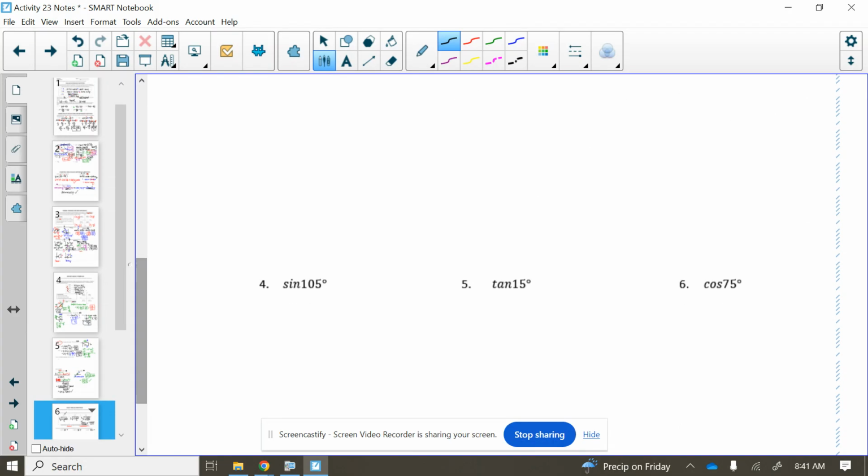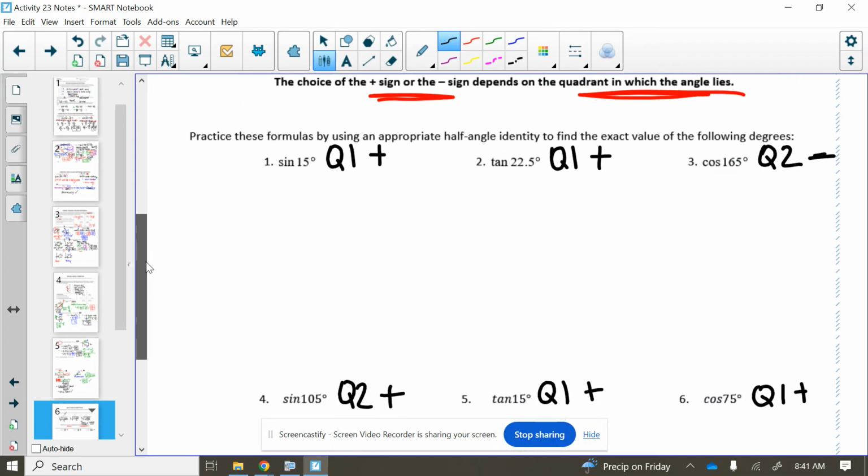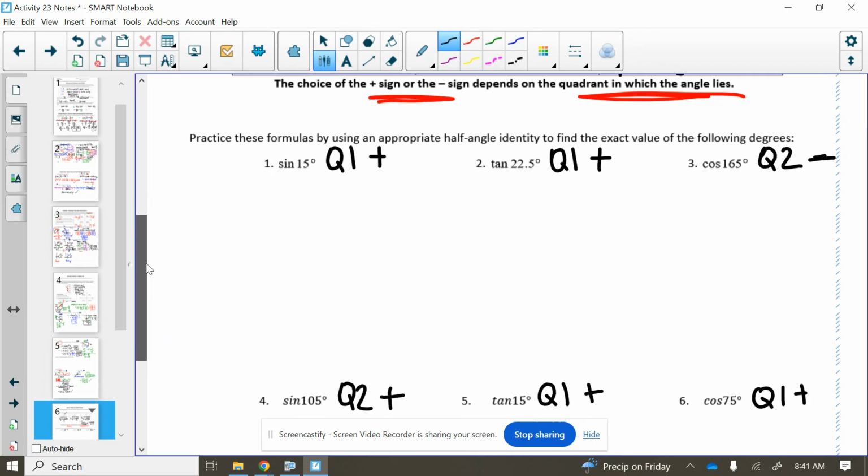For 105, yes, it is in quadrant 2, but sine is positive in quadrant 2. Tangent of 15 is in quadrant 1, so it's positive there. And then 75 degrees is also in quadrant 1, so it is positive there. Again, we see those to be careful of, depending on what quadrant your angle is in, whether it's positive or negative, going back to what we've been talking about for a few units.